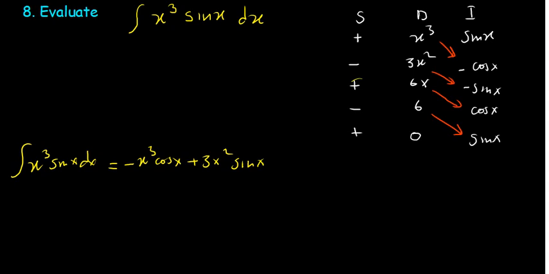We also have a positive 6x cos x, and also a negative 6 sin x. All we do is add the constant of integration c.